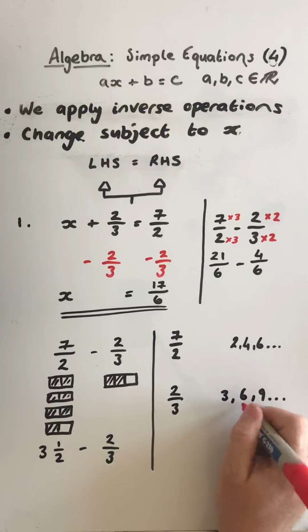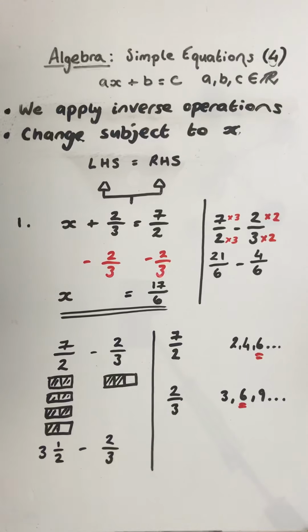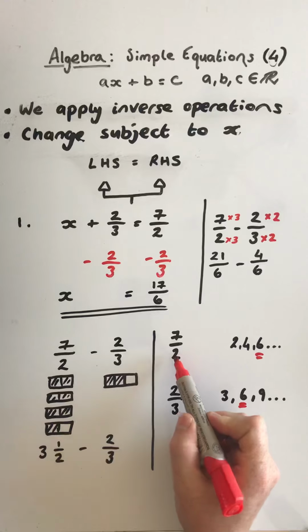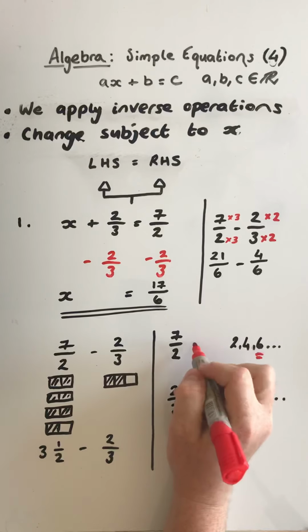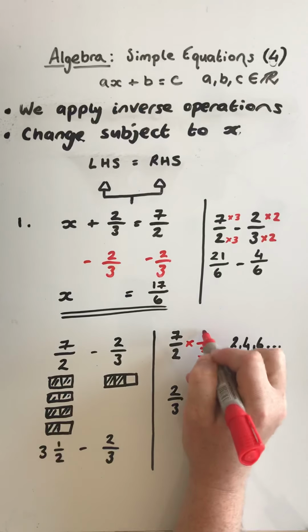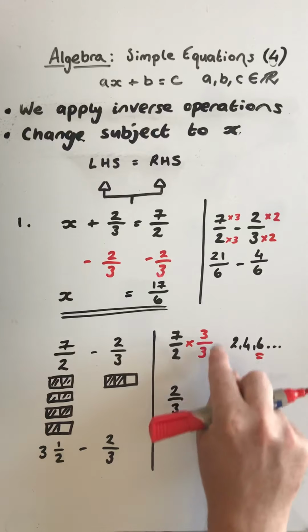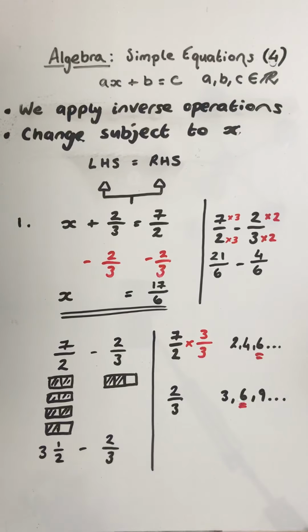And your lowest common multiple is 6. So what do we have to do? What's the multiple on 2 to give us 6? It's 3. So what we're really doing is making an equivalent fraction there. It's equivalent because it's the same. 7 halves is equal to 21 sixths.